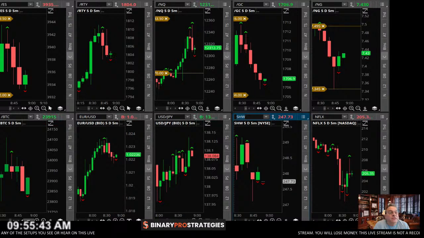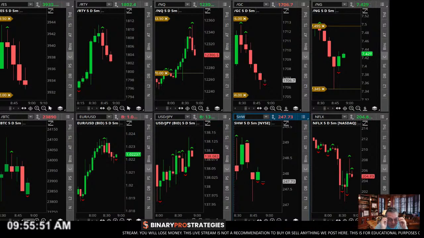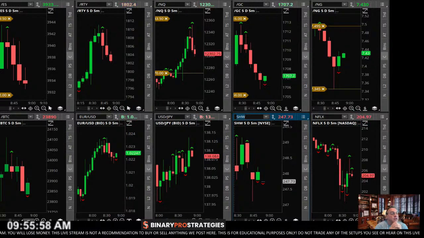Probably more vacuum, I'd say, because prices tend to go into certain levels, areas where they get pulled, okay? So let's say I'm looking for a buy, and it hits a certain level, and that level says, okay, it's going to go up to X amount.